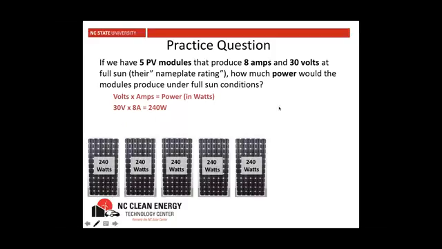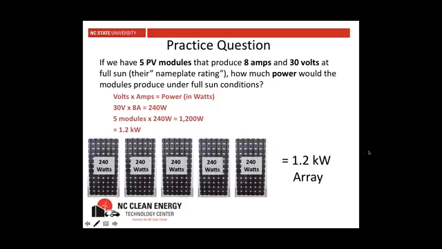So what about the 5 modules altogether? It's pretty easy math. 5 modules times 240 watts equals 1,200 watts. So we're going to call this a 1.2 kW array. Oh, that's what John said, 1.2. So John, you actually said 1.2 kWh.